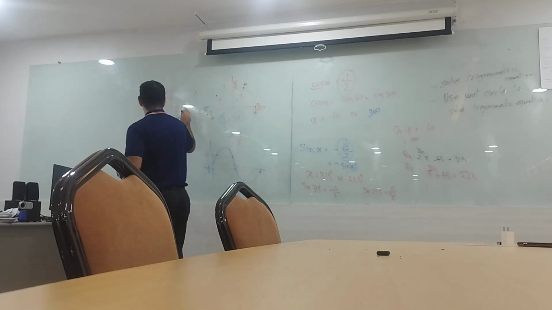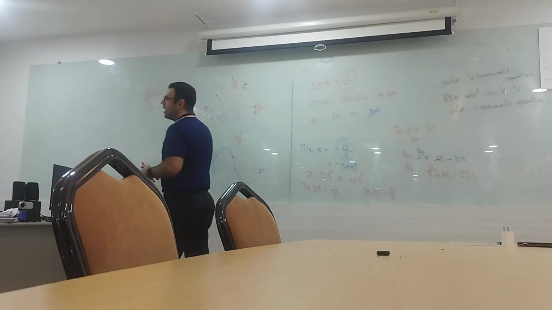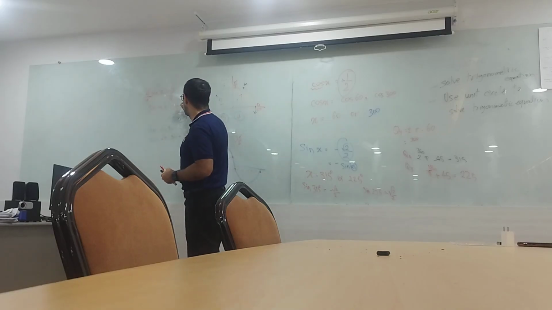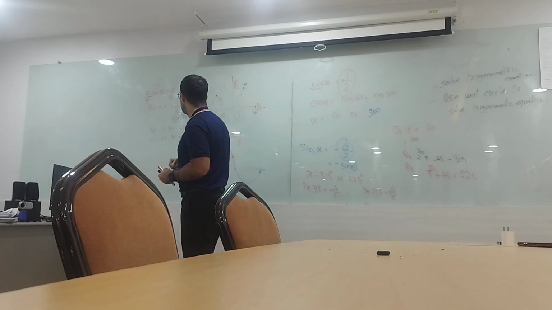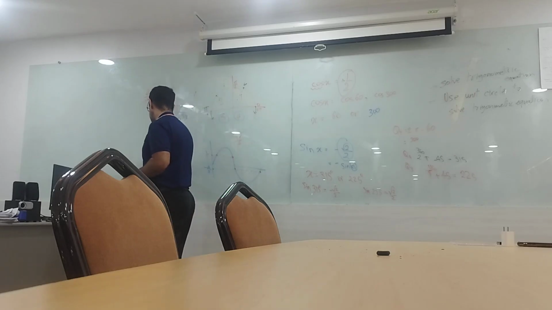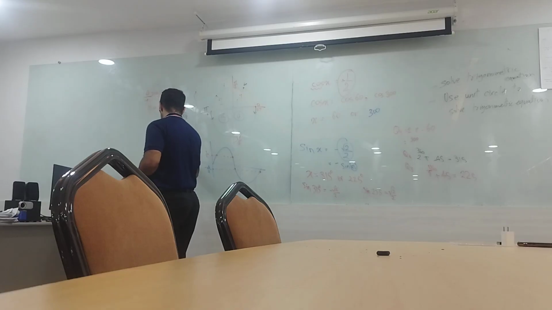Now I'll go back to that equation. So this one is not 100% accurate, okay? We need to find it so we can apply it again. So sine x equal to sine 210, or sine x equal to sine 330.